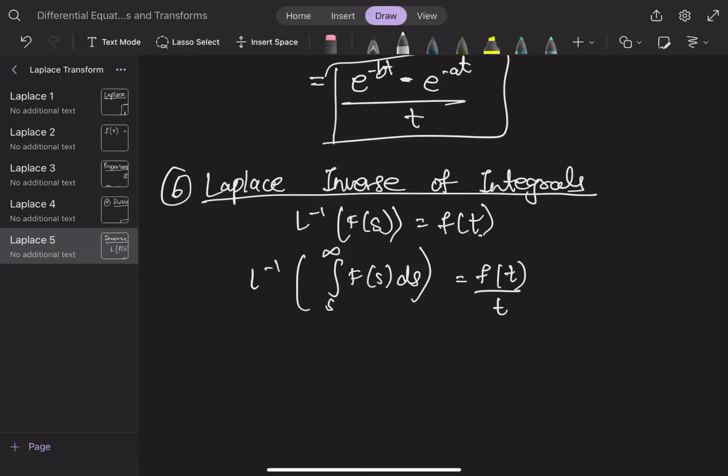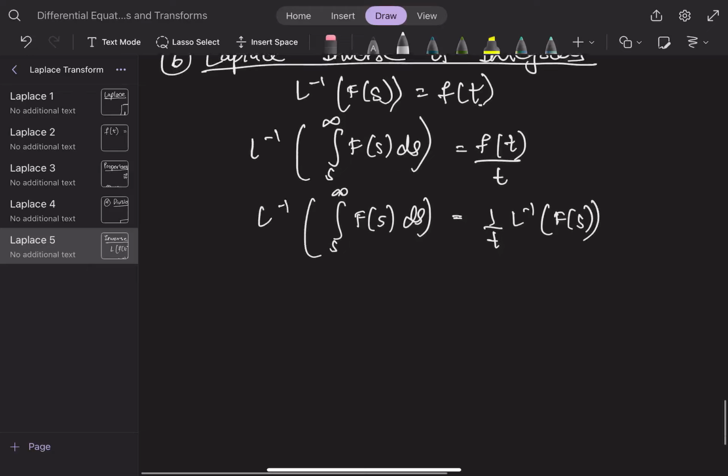So again, let's write this as Laplace inverse of integral s to infinity F(s) ds is equal to 1 by t Laplace inverse F(s). So your Laplace inverse F(s) becomes t times Laplace inverse integral s to infinity F(s) ds.